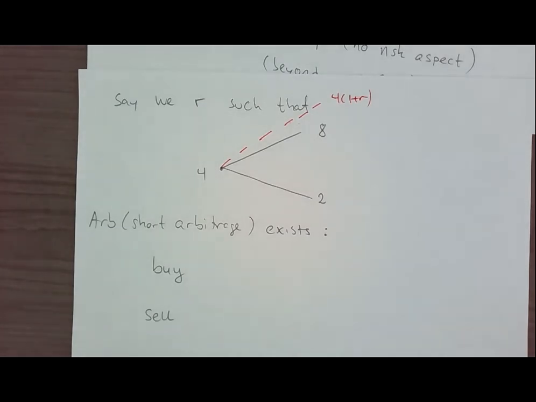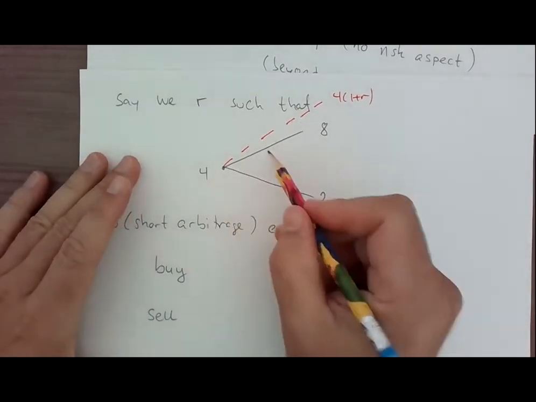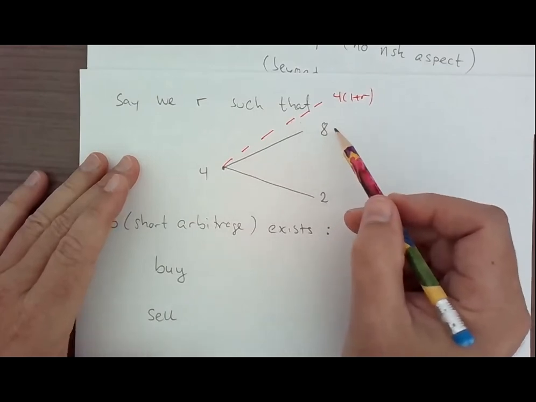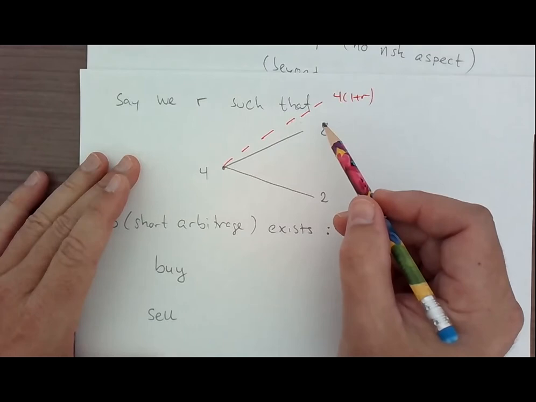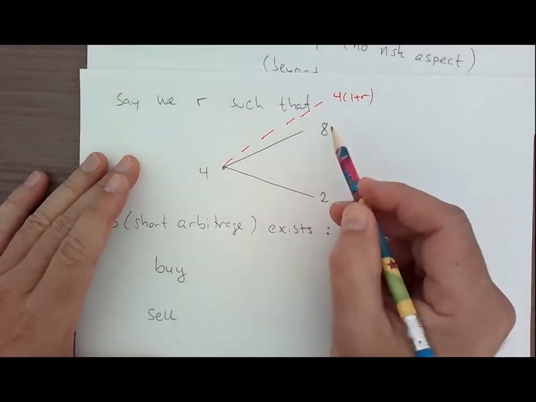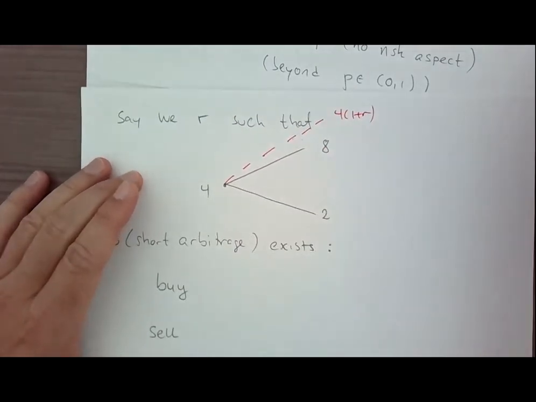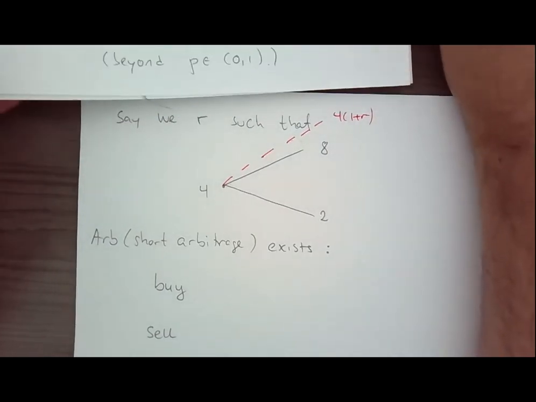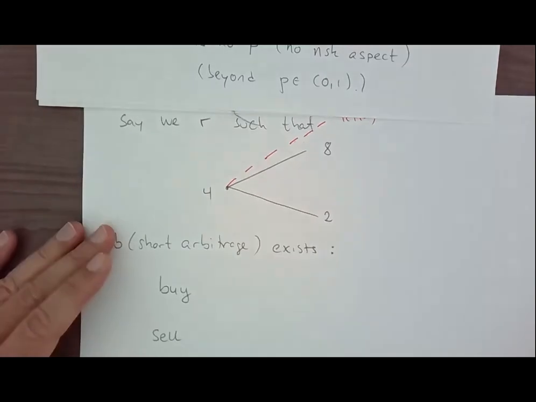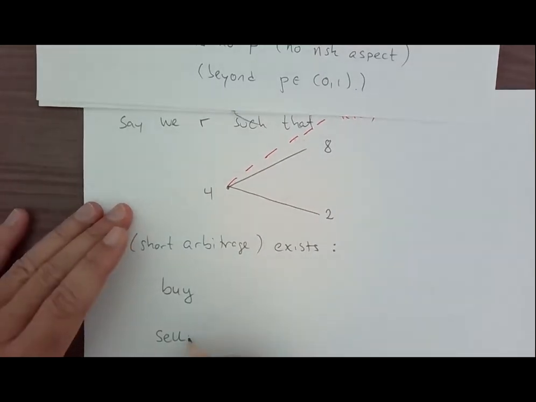Sell the higher, buy the lower. In the chat we're saying we should sell the stock and buy the bond. Okay, so sell the stock.